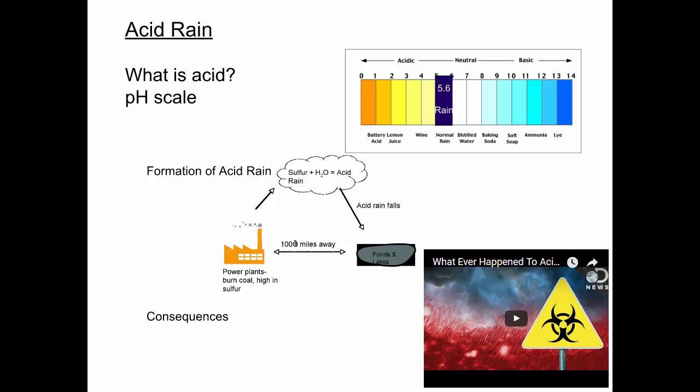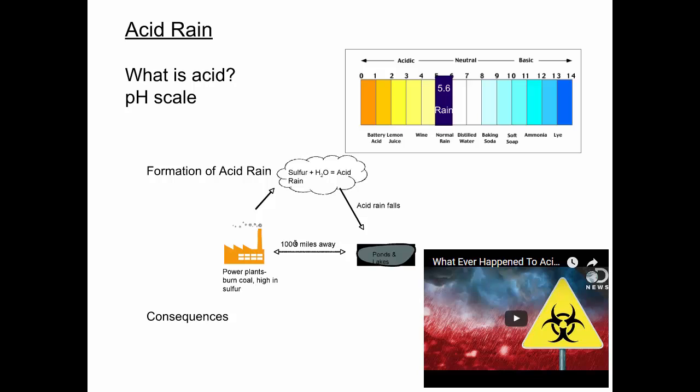Usually rain in unpolluted conditions has a pH of about 5.6, so slightly acidic because of carbon dioxide that's mixed with the water. That's normal rain. But when cars, factories, power plants burn certain fuels, fossil fuels, they can release sulfur or nitrogen into the air.